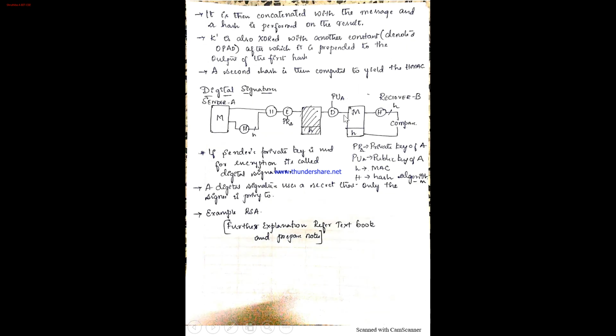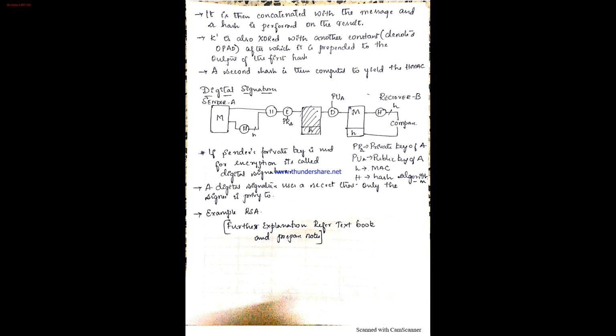Next and the last topic to discuss in this chapter of hash is to understand digital signatures. If you remember, when we were discussing public key cryptography, we also discussed an example, RSA. In RSA we had a private key and a public key.